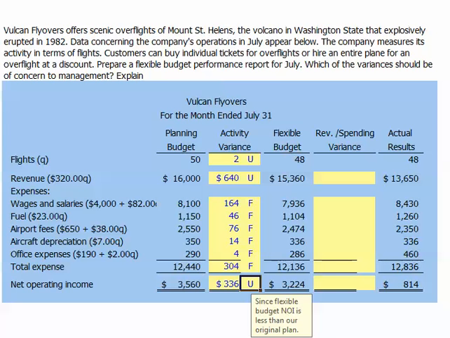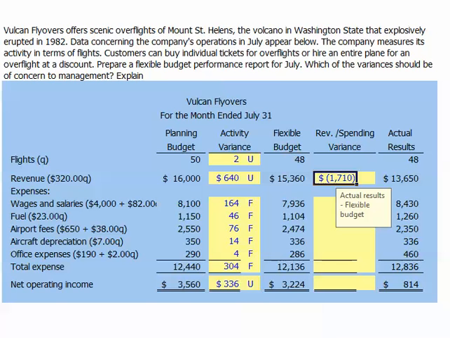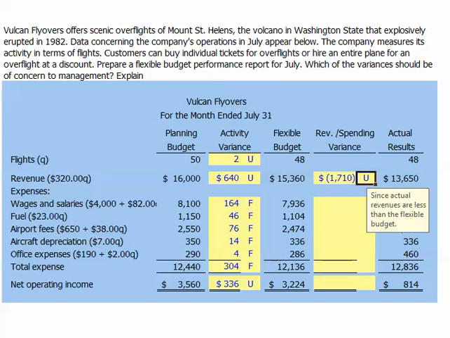For our revenue variance, we again compare the difference between our actual revenues of $13,650 and our flexible budget revenues of $15,360. And since our actual revenues are less than our flexible budget, again we would say it was an unfavorable variance.